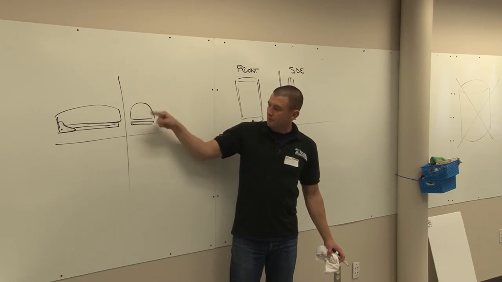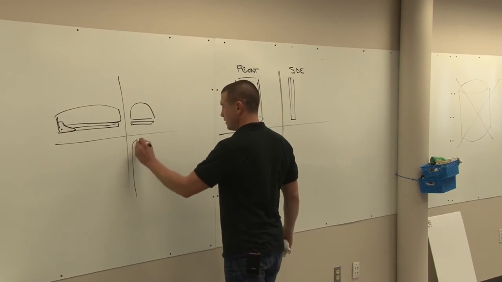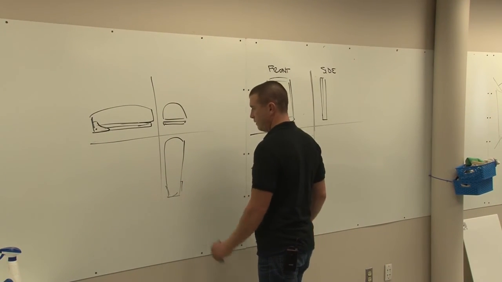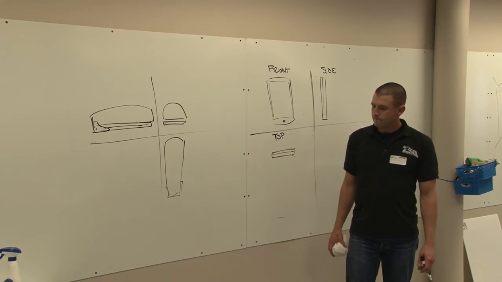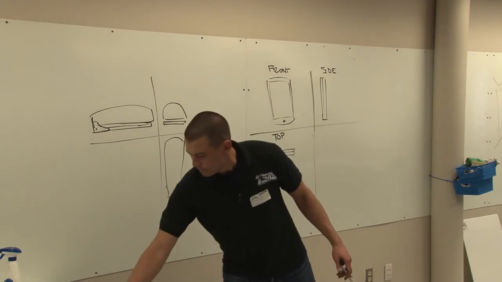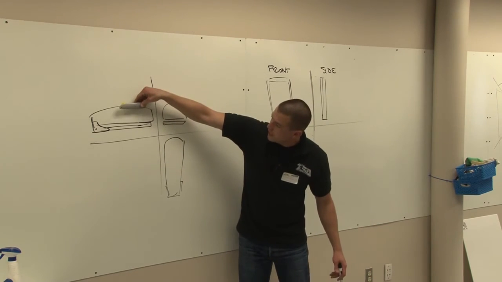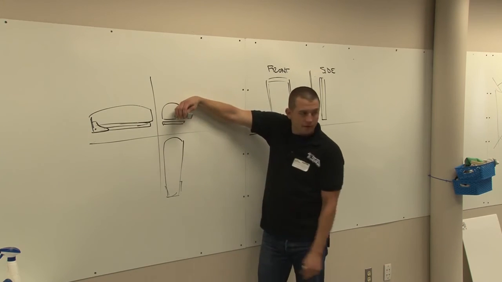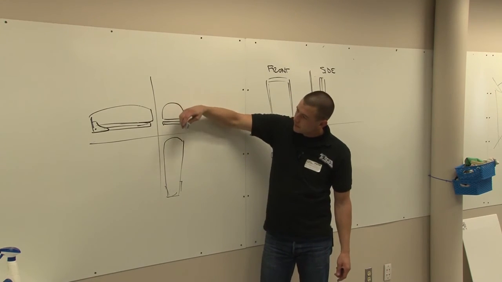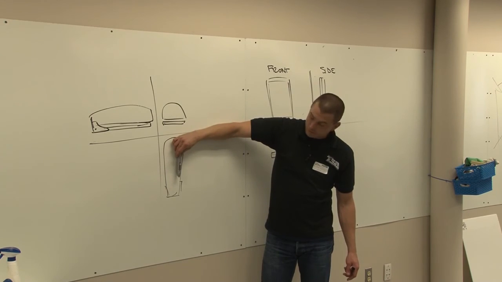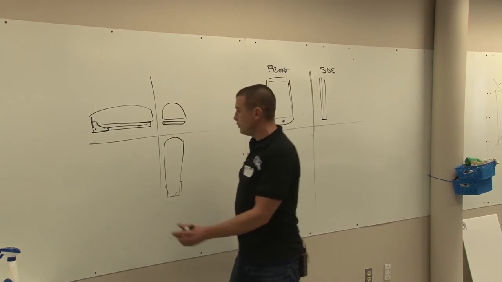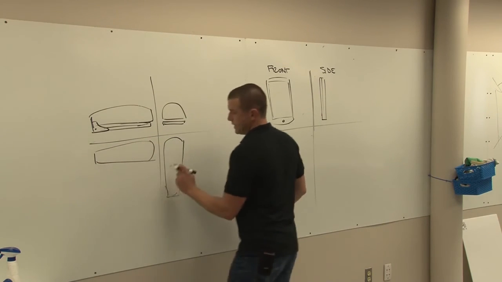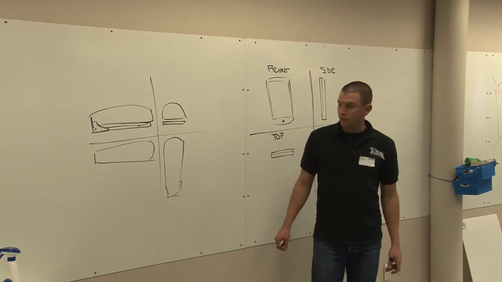Or I could take this and flip it downwards. It would be like if I looked at this from the side, and then I flipped it to the front, and you looked up at this part here, and then I went to the top view like this. So you could put that here, or you could put it in this position. Either one works, but only one. Just pick one or the other.